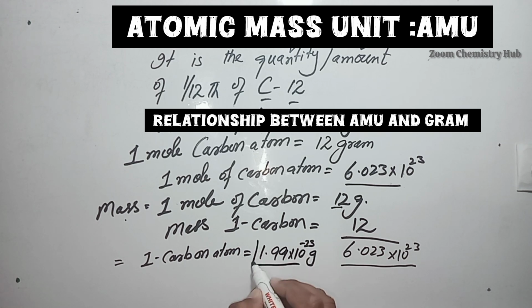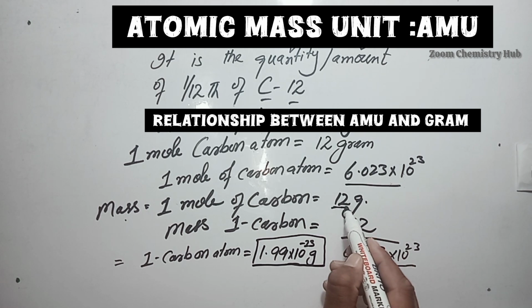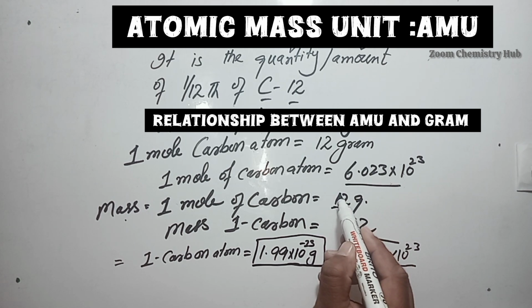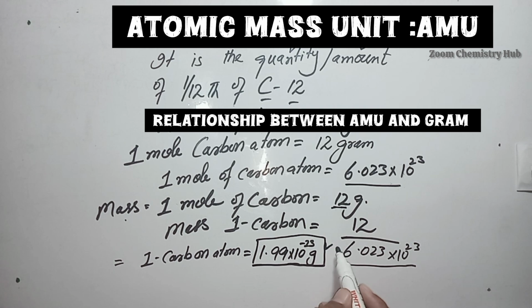So this is the amount or quantity for 1 atom of carbon. This is the amount or quantity for 1 mole of carbon. This is the amount or quantity of 1 atom of carbon.